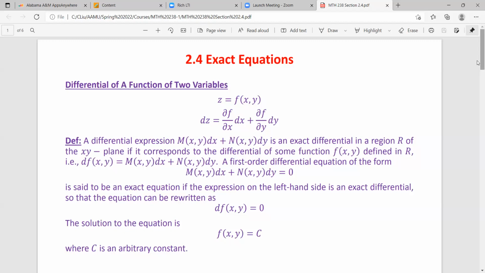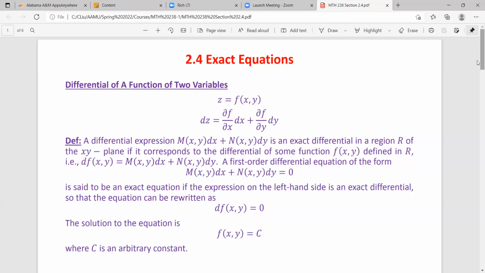So how do we solve this differential equation? If you can write down this left-hand side as a full differential, as an exact differential df, okay, then you can solve it easily. And the solution is f of x, y equal to c.